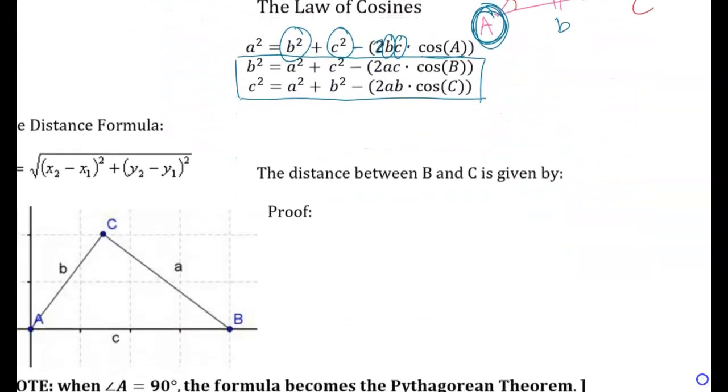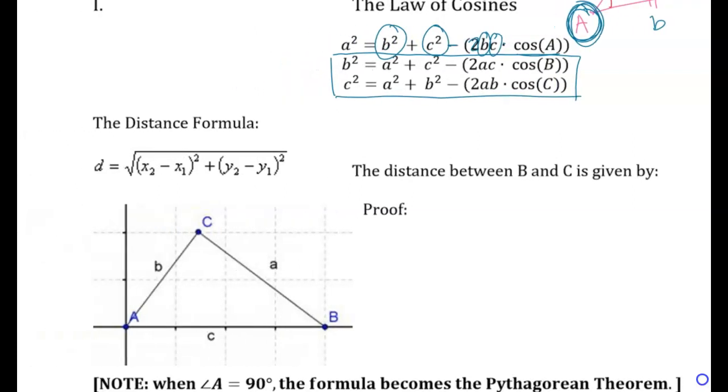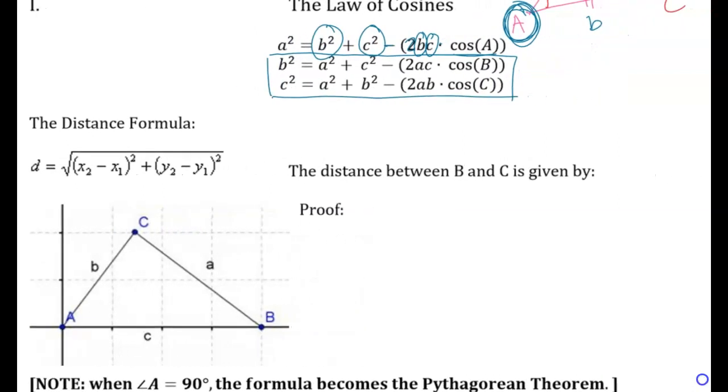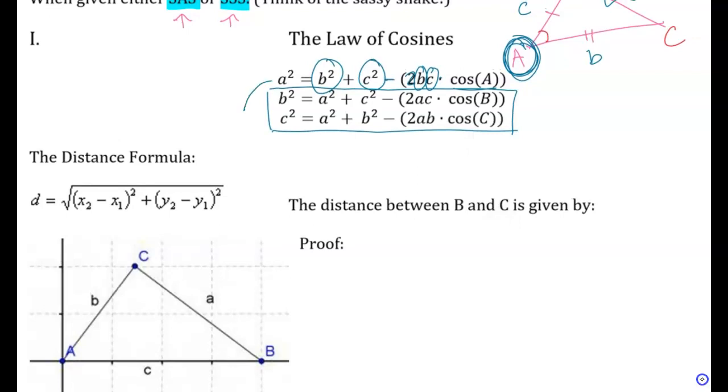Now, there is a proof for this. Someone way back when derived this and created these formulas. All formulas have been created one way or another. They created these formulas using the distance formula, just like the Pythagorean theorem was created using the distance formula. Now, I'm not going to do this proof with you, not because I don't think it's worthwhile to see, but because part of this proof includes a trig identity, which we have not touched at all this year.